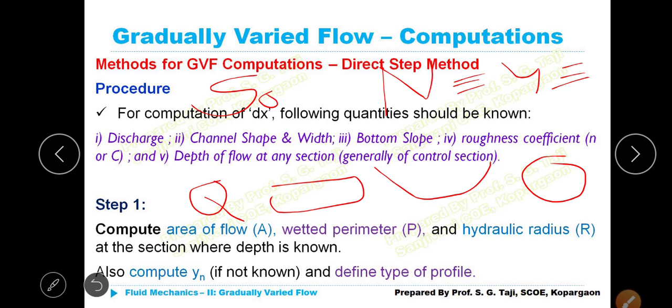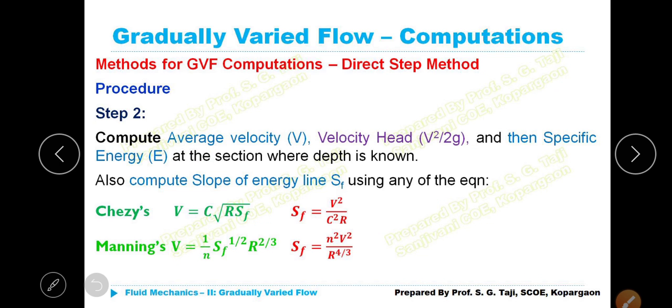Step 1. First of all, compute the area of flow A, wetted perimeter P, and hydraulic radius R at the section where the depth is known. Also compute Yn, that is the normal depth, if not known, and define the type of profile. Step 2.